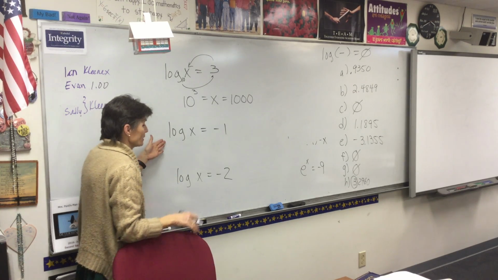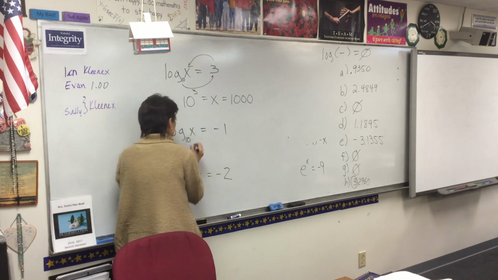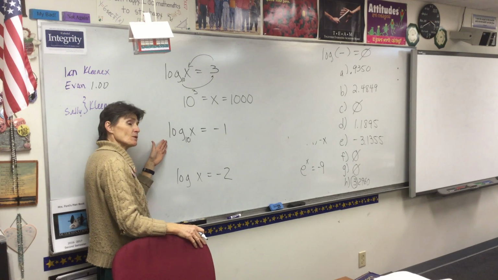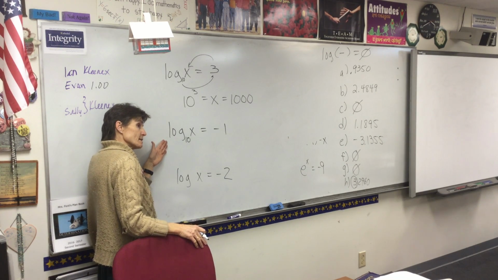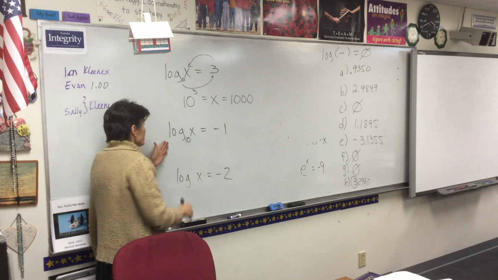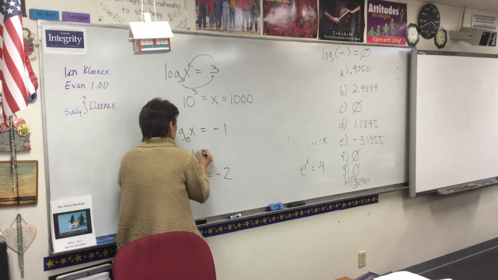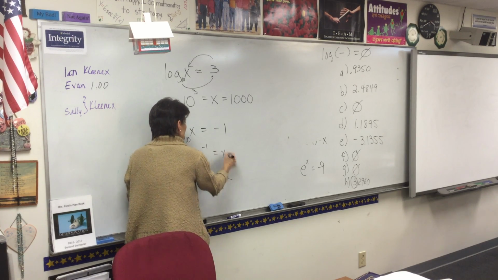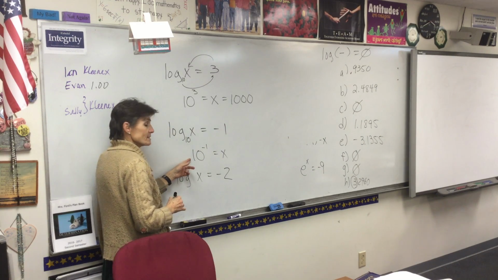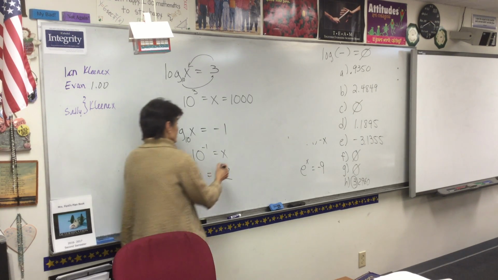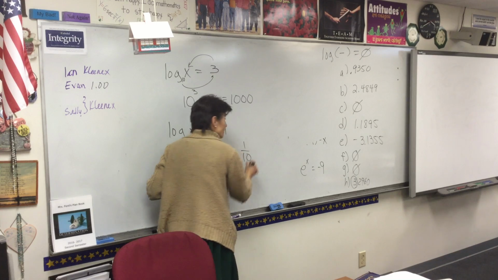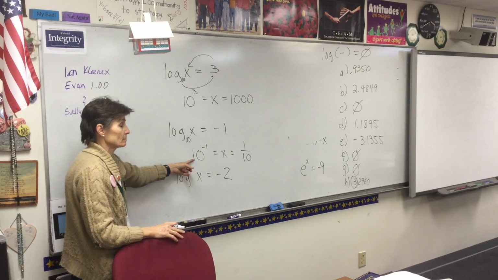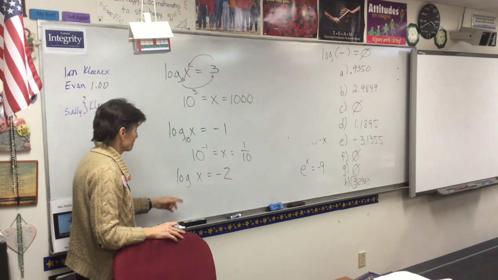All right, let's try this one. Again, the base is 10. Remember, if there's no base, it's always 10. So loop-de-loo it. 10 to the negative first equals x. What does 10 to the negative first mean? 1 over 10.